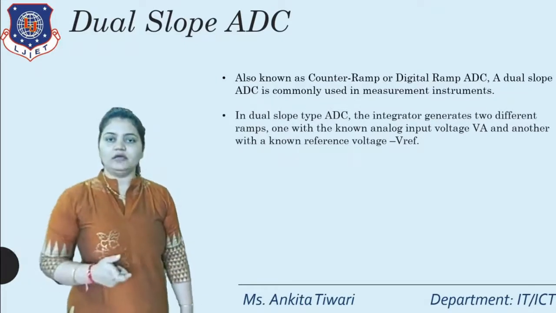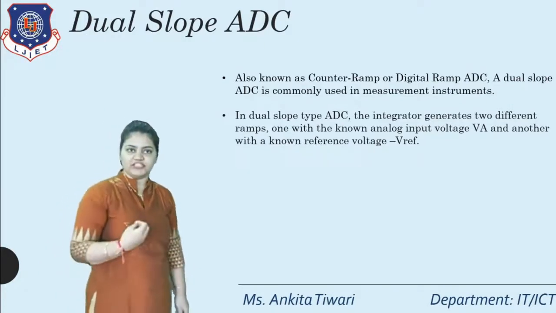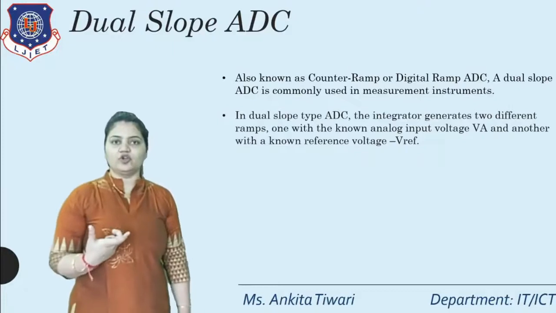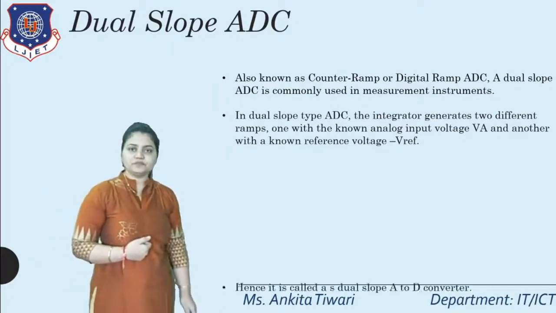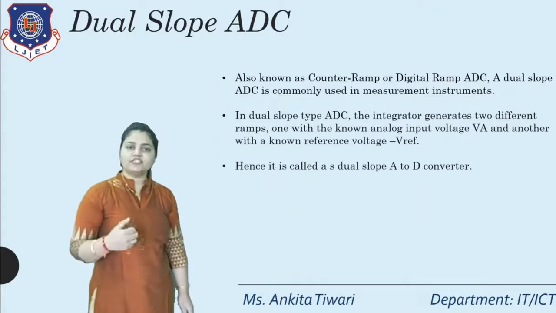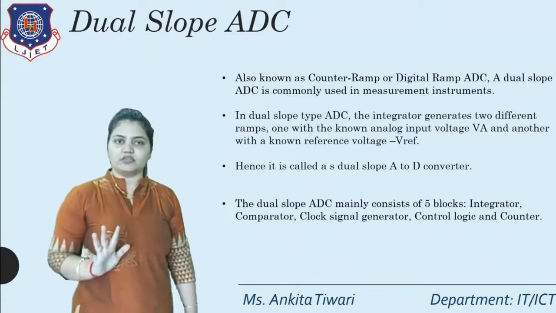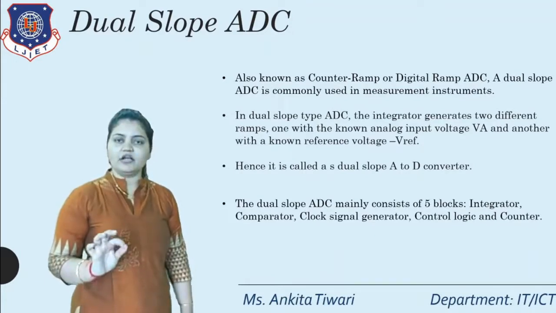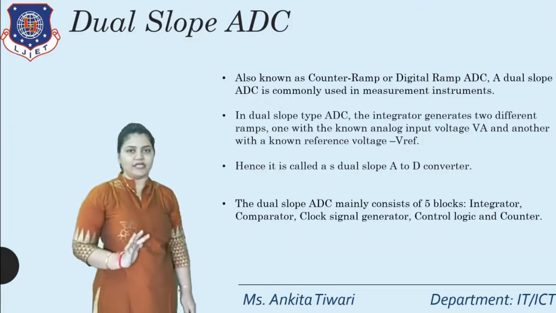One of the ramps is known as analog input voltage, that is VA, and the other is known as reference voltage, that is V reference. Hence, it is called dual slope. The dual slope mainly consists of 5 blocks, that is integrator, comparator, clock signal generator, control logic, and counter.